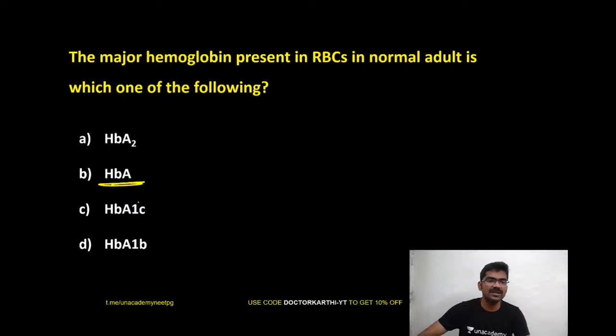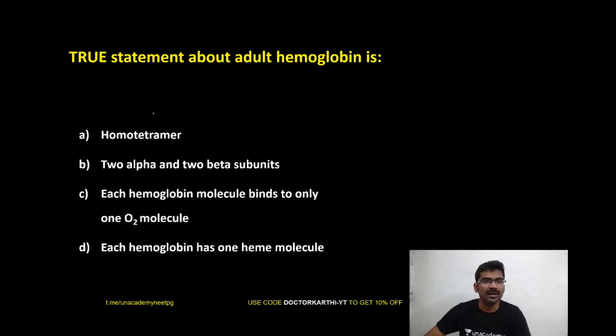Okay, let's move to the next question. Any doubts? Feel free to ask me. True statement about adult hemoglobin is. Answer this. Homotetramer.